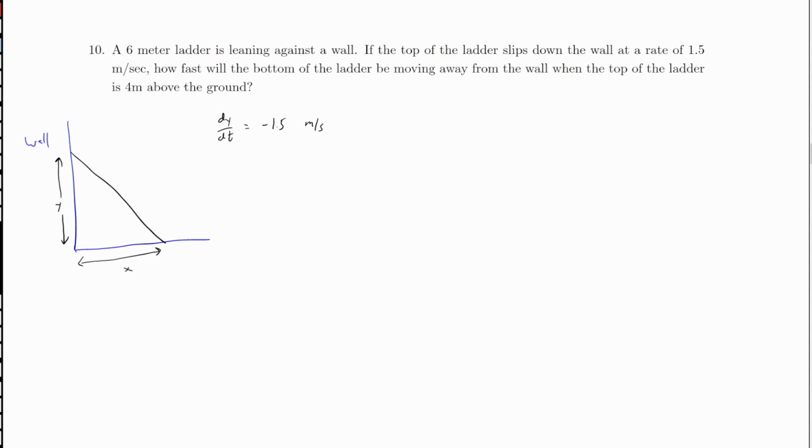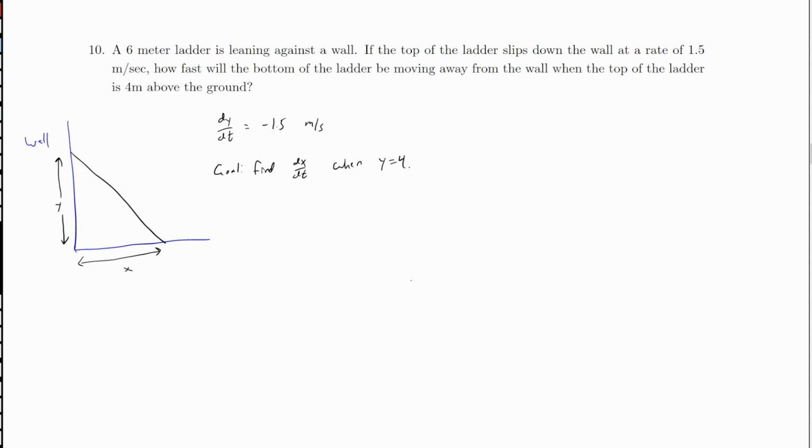Okay, and how fast will the bottom of the ladder be moving away? My goal is to find dx/dt when the top of the ladder, so y, is 4 meters above the ground. So when y equals 4.